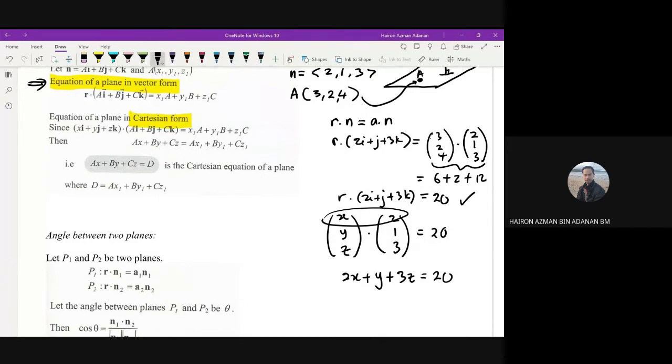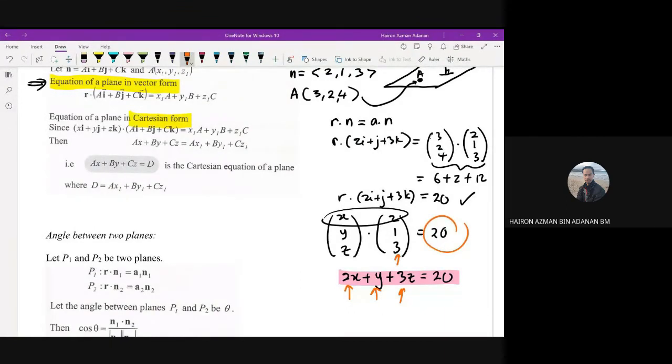This form we call Cartesian form. So actually from Cartesian we can get the normal. How to get the normal? The coefficients of x, y, z, that's the normal. Right? You cannot get the normal from this value, we don't know what the normal is from the value.